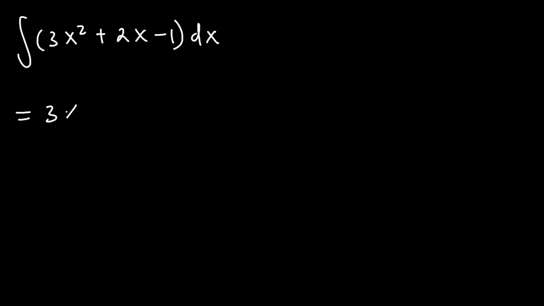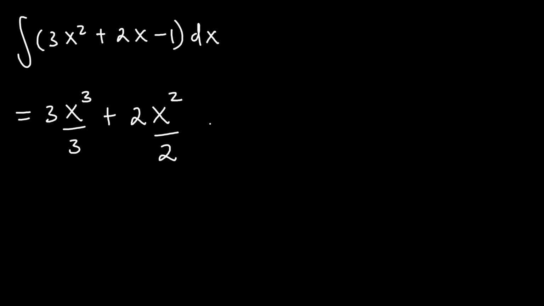Now that you know what to do, you try out this. Solve the integral of 3x to the power of 2 plus 2x minus 1 times dx. If we integrate this, we shall have 3 times x to the power, now 2 plus 1 will be 3, divided by 3, and then plus 2 times x to the power of 2 divided by 2, because x has a power of 1.